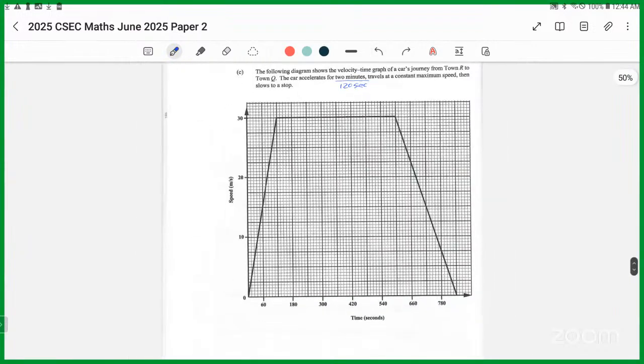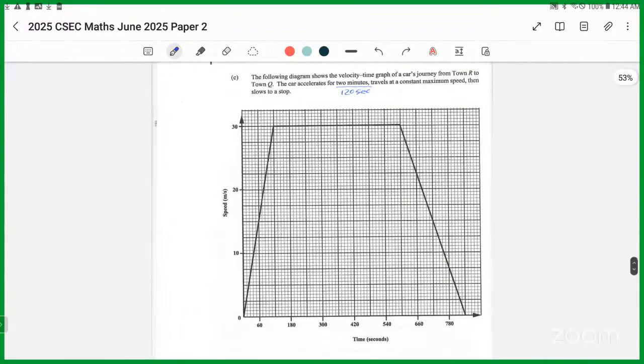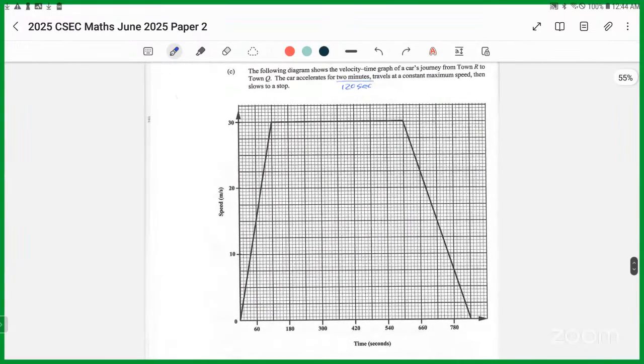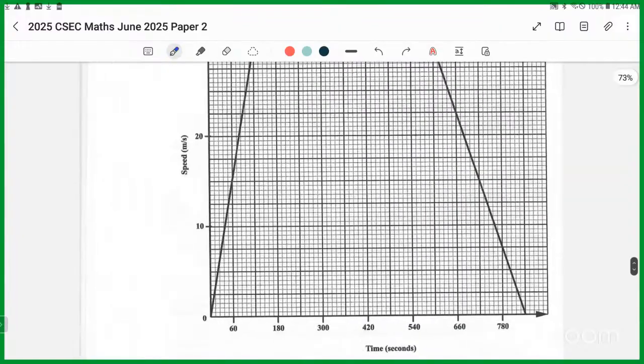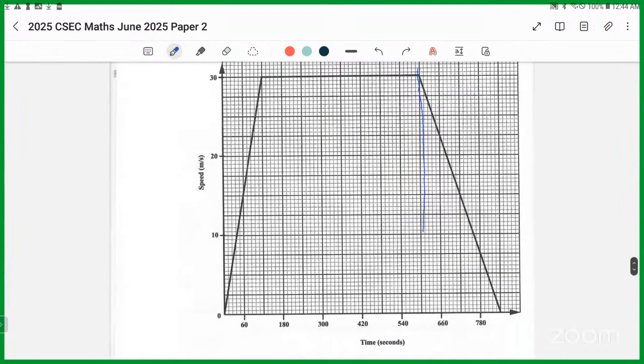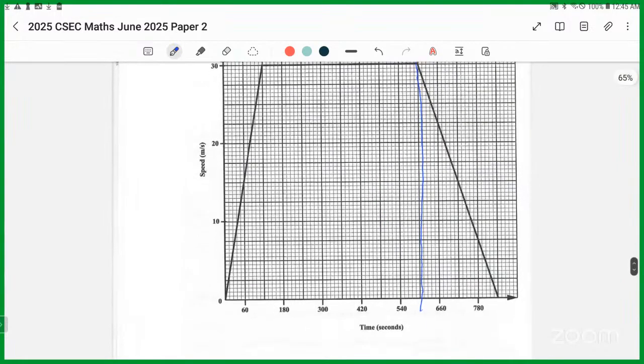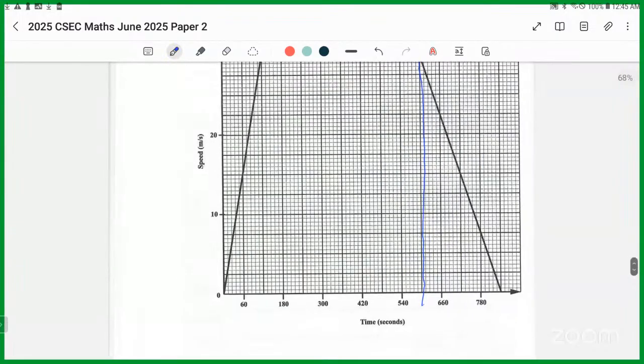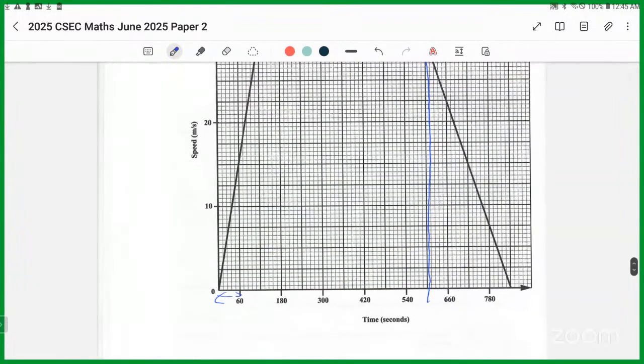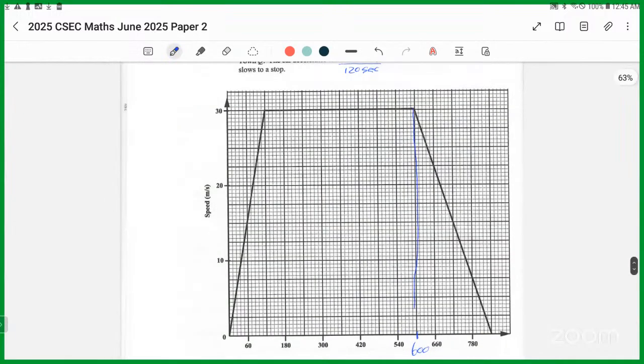So that's the trapezium, right on the side of the trapezium. It's halfway between 560. Okay, I'll check it now. Every square is 60 seconds, so then it's 600. Right here, 600.